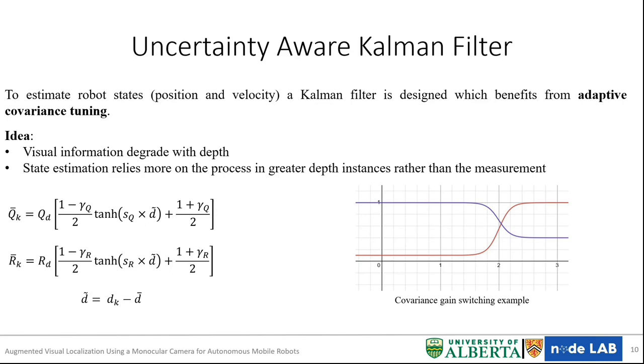Because of that, we try to rely more on the motion model of the mobile robot rather than the visual measurements. So it's just a simple switching scheme. The only thing that we have done here is we've used the tanh function to smooth out this transition between relying on the process or relying on the measurements.